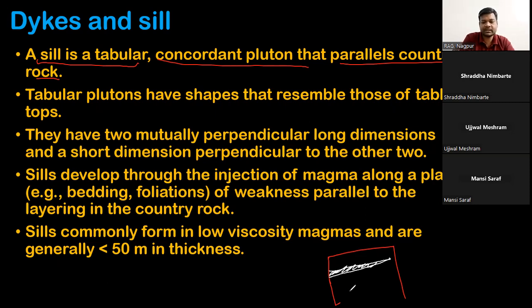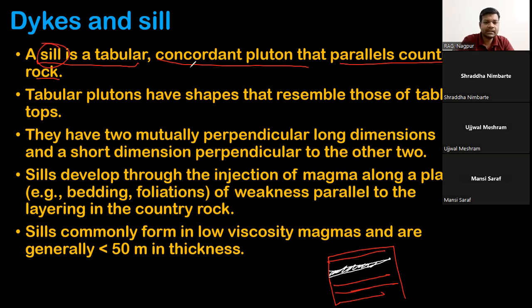Say suppose this is the type of bedding, and the intrusion is parallel to the bedding inside the country rock. That kind of structure will be called a sill.